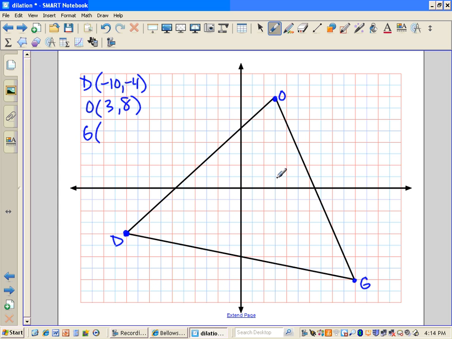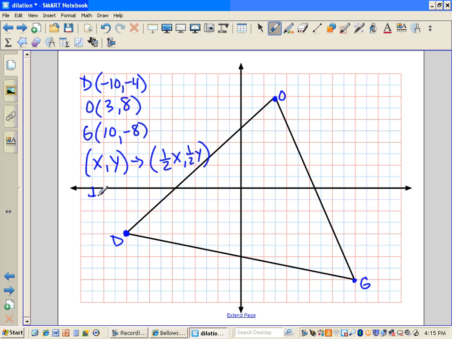And G is the point (10, -8). If I want to scale this down, as in I'm getting further away, I'm going to multiply by a fraction. So I'm going to say maybe multiply x and y by, oh, let's do 1/2. That seems like it'd be simple. 1/2 x and 1/2 y.